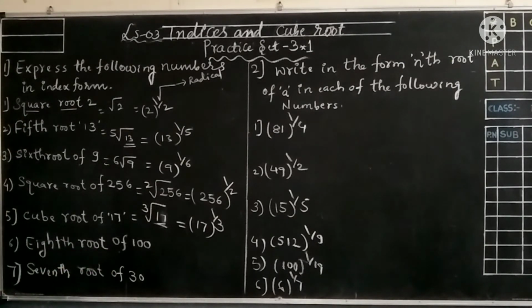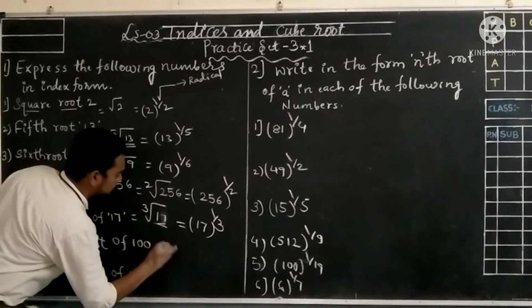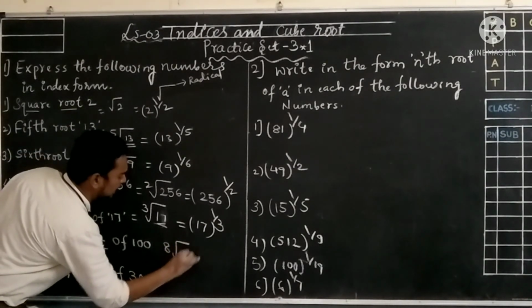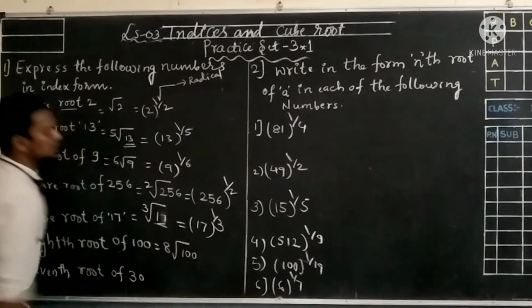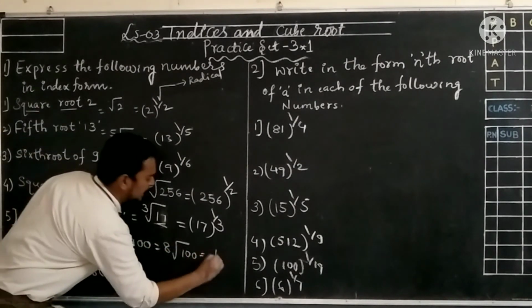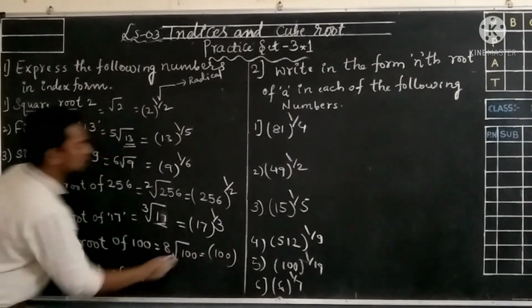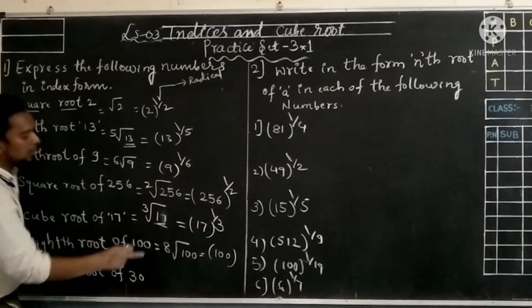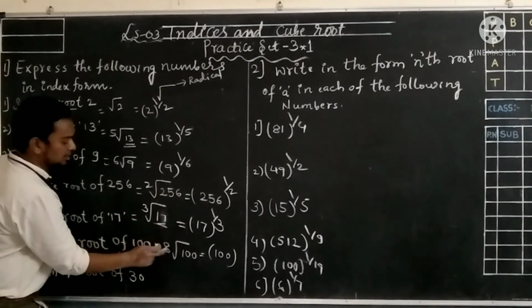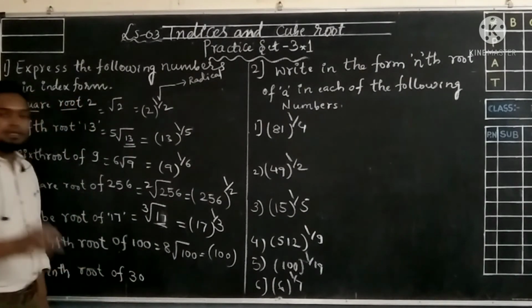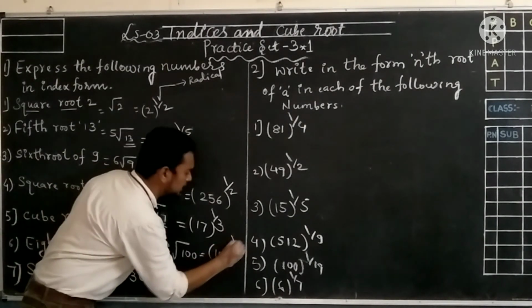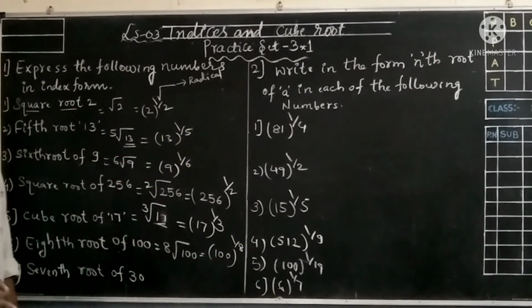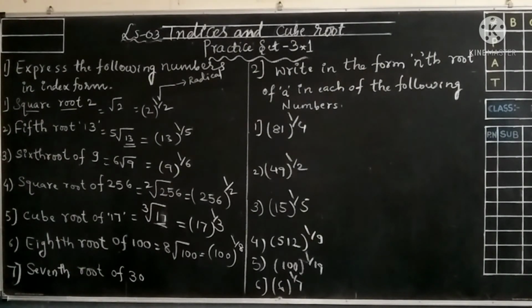That means 100 as it is, to the power of 1 upon 8. This root 8 is converted into 1 upon 8 in index form. 7th root of 30.